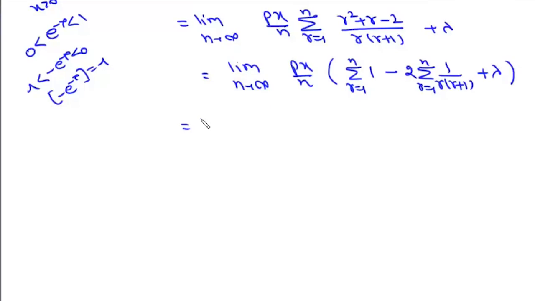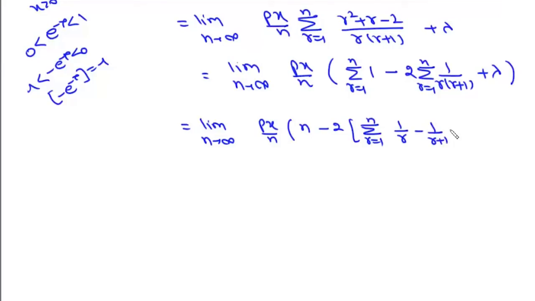Now this is limit n tends to infinity. This is p(x) by n. Now this is n and this is minus 2, and we can write this as this summation r varies from 1 to n, and here it will be 1 upon r minus 1 upon r plus 1 plus lambda.